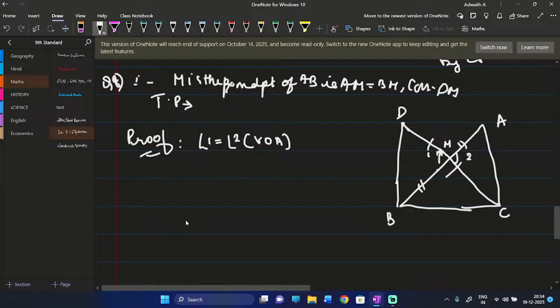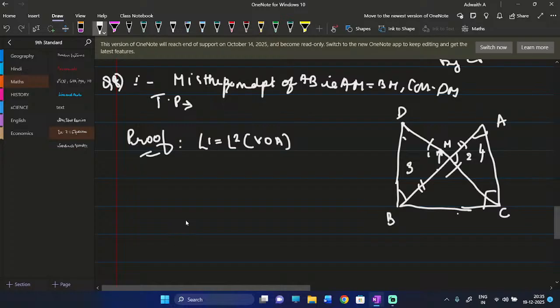Consider DB parallel to AC and BC a transversal. This angle is equal to this angle by alternate interior angles. It is also said that there is a right angle at C.